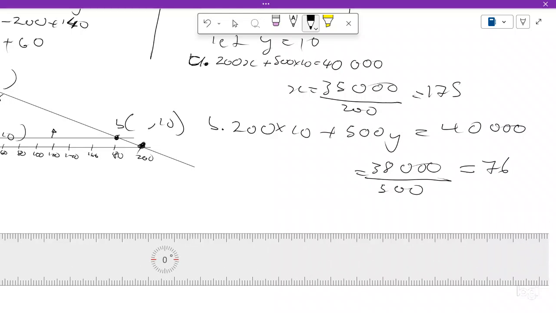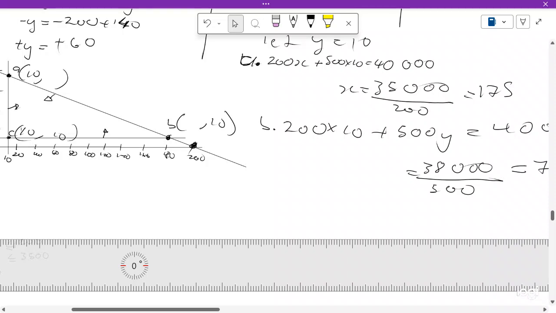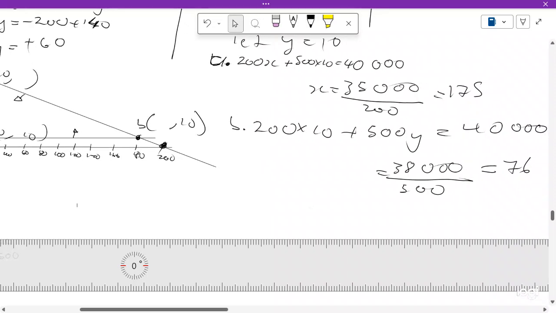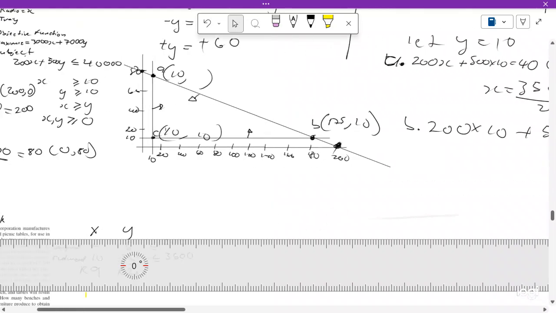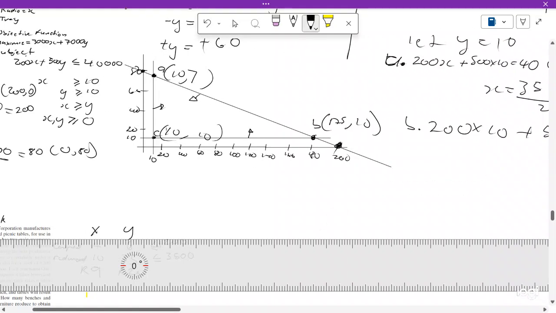175, and then 76. 76 comes here. They are obviously approaching 180 on this side and 80 on that side. 76 makes a lot of sense.